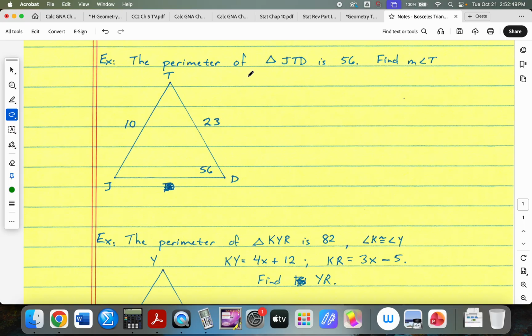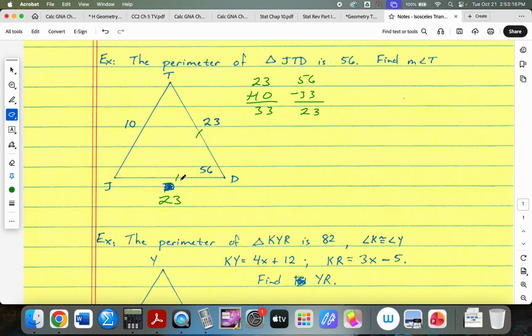JD. So if I add 23 and 10, that's 33. Subtracted from 56 is 23. Oh, hey. What kind of a triangle is this then? It's isosceles.